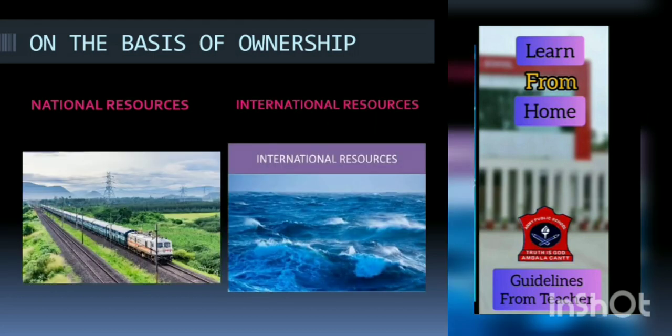The national resources are the resources that belong to the entire nation. They are maintained and constructed by the government. Roads, canals, railways, they are all examples of national resources.